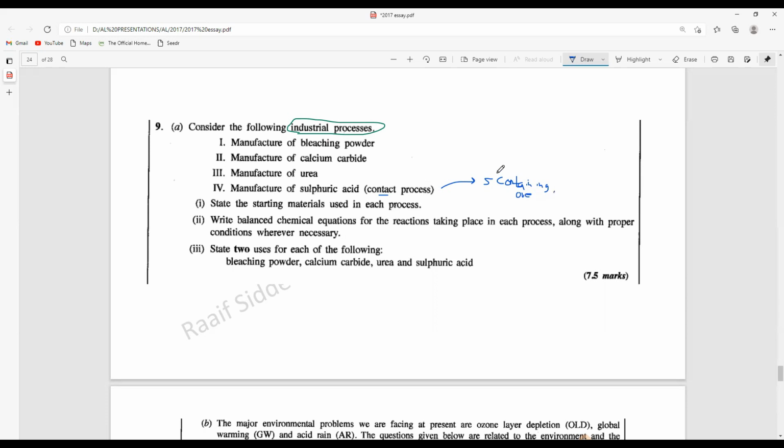Starting material, sulfur containing ore, and there should be some air to allow the reactions to happen really well. And finally, there should be some water at the end of the reaction, right? And for urea, you just need carbon dioxide and ammonia.